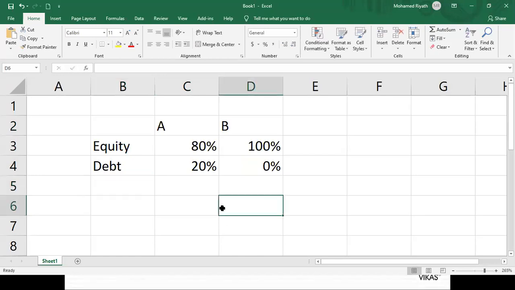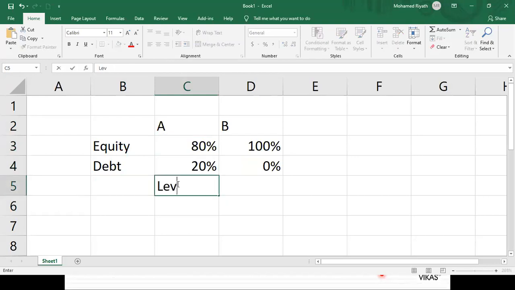When we look at this, can you see the Excel screen? Yes, sir. Then when you look at company A, it has two components: equity as well as debt capital. This kind of company is called a levered company.